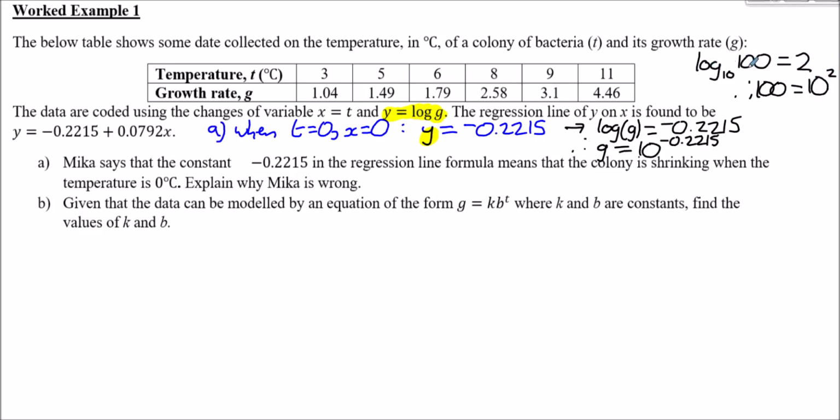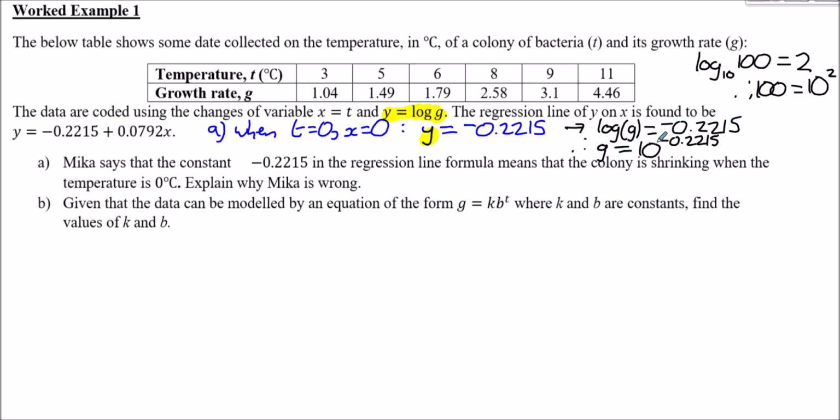So essentially logs and powers for 10, for 100 and 2 switch around like so. And so g, what we're taking the log of, is the base, which again is 10, to the power of what the answer was, which in our case was minus 0.2215.